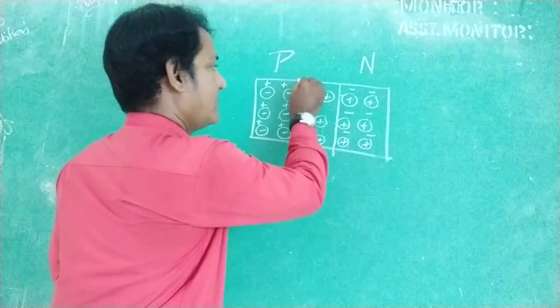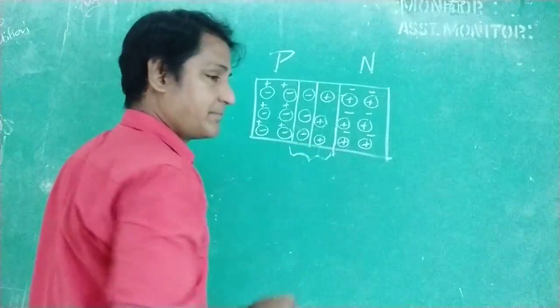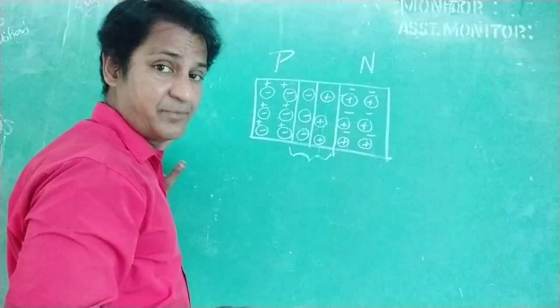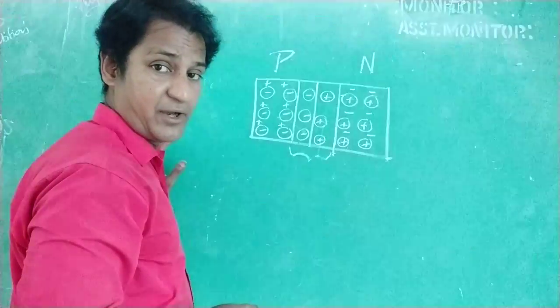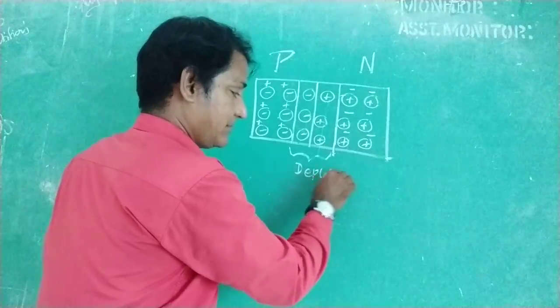So this region where we have the immobile negative and positive ions is called the depletion region.